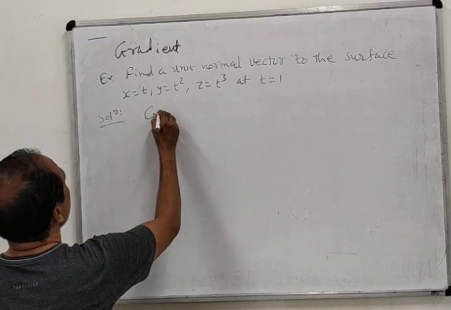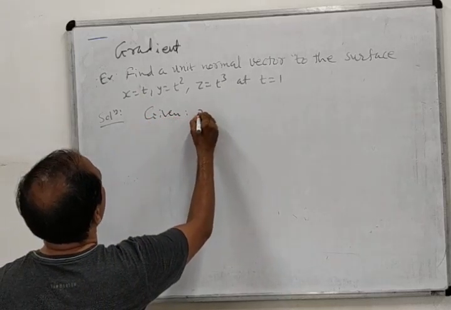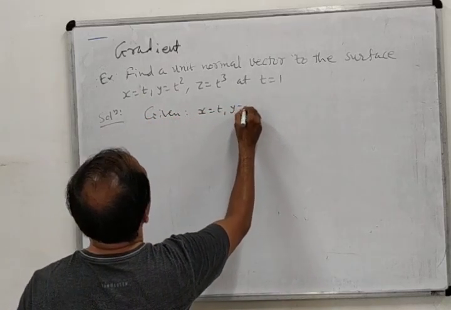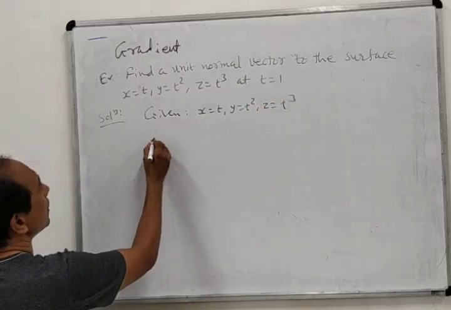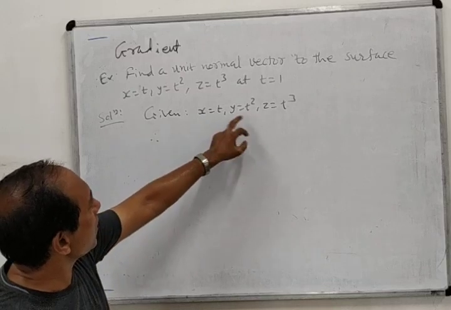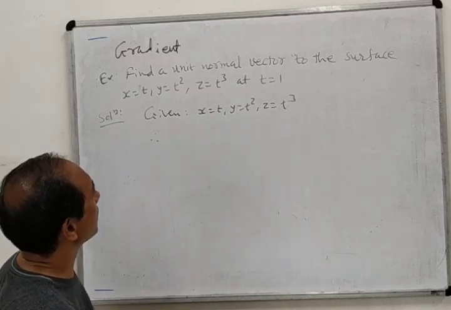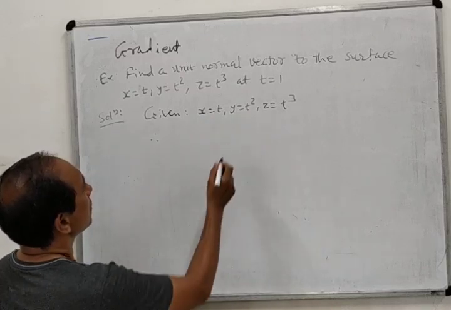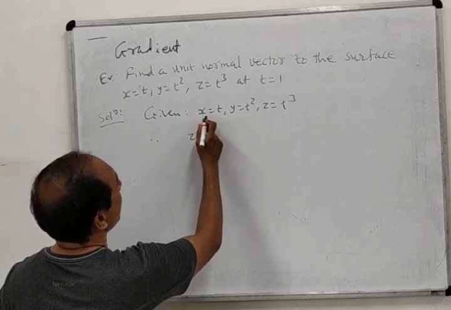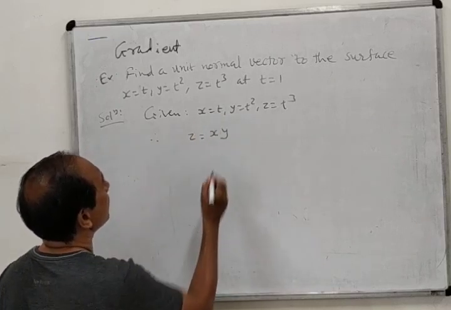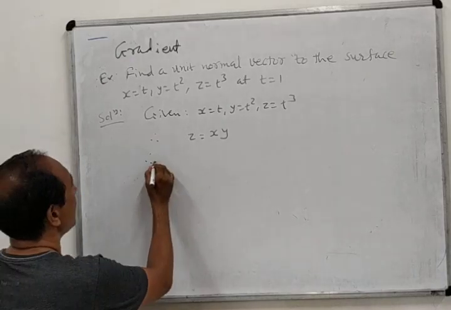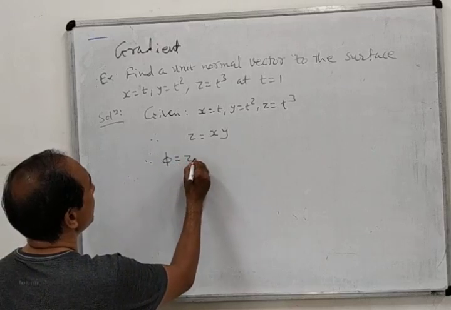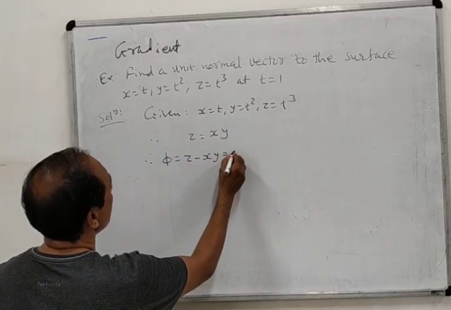Given x equal to t, y equal to t square, z equal to t cube, we combine these. Here z equal to t cube and x into y is also t cube, so z equal to xy. Therefore the equation of the surface is phi equal to z minus xy equal to 0.